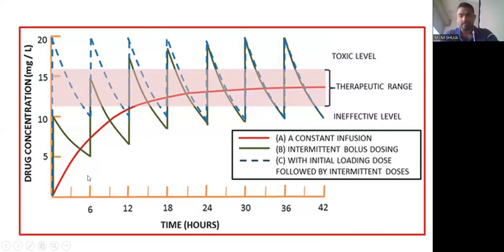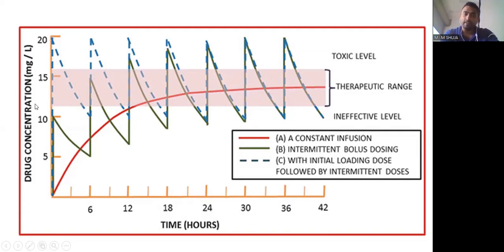So this is, if you are giving a constant infusion, it will come like this. But if you are giving intermittent boluses, it will increase, and after 5 T-half, it will come to the steady state. But if you give a loading dose, too high an amount of drug, and then give maintenance boluses, it will remain.